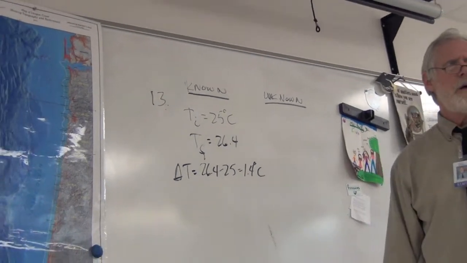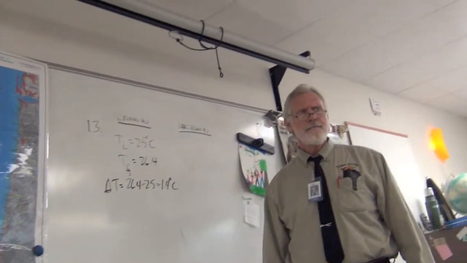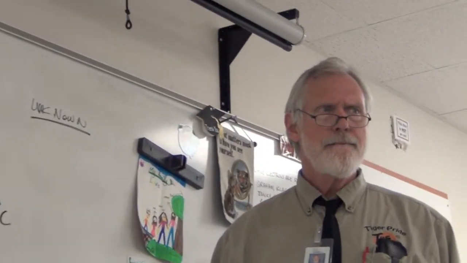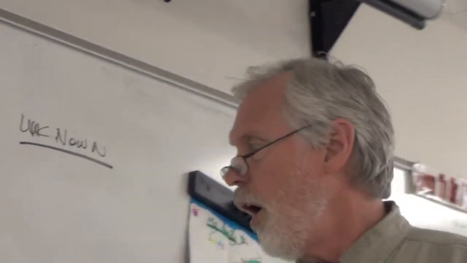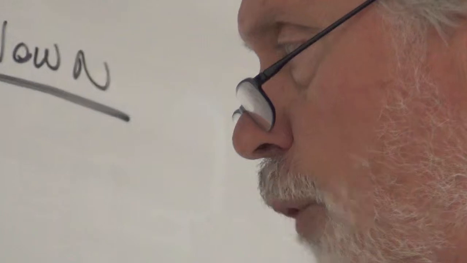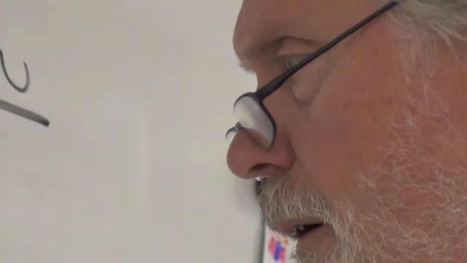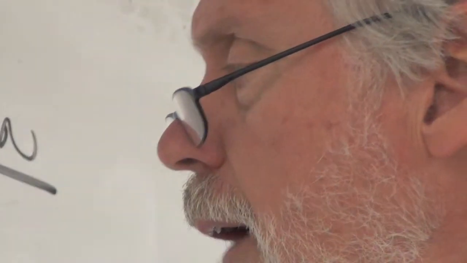We also know that the specific heat of seawater is 4.18 joules. It is the C for H2O, the heat capacity for H2O, per gram degrees Celsius. Now what else? We need to know mass, don't we? What's the mass?